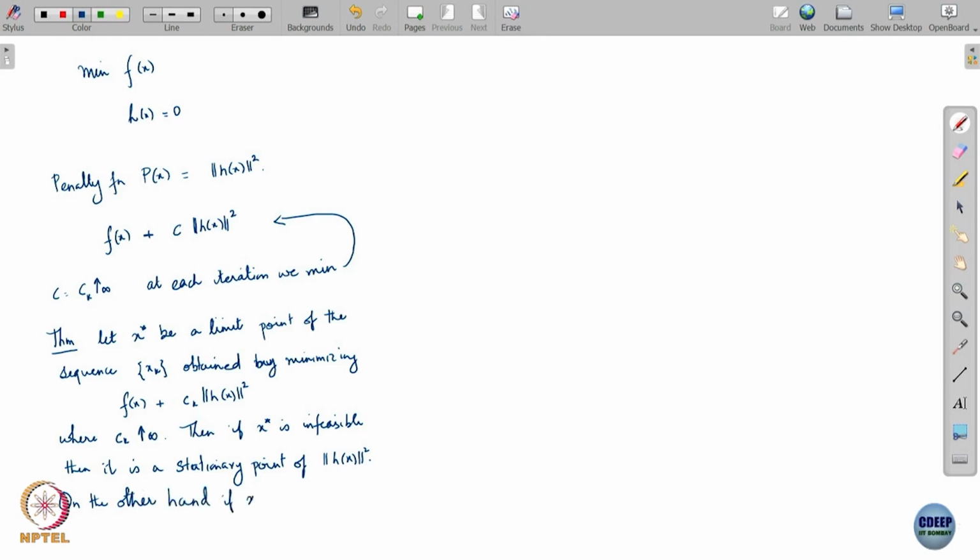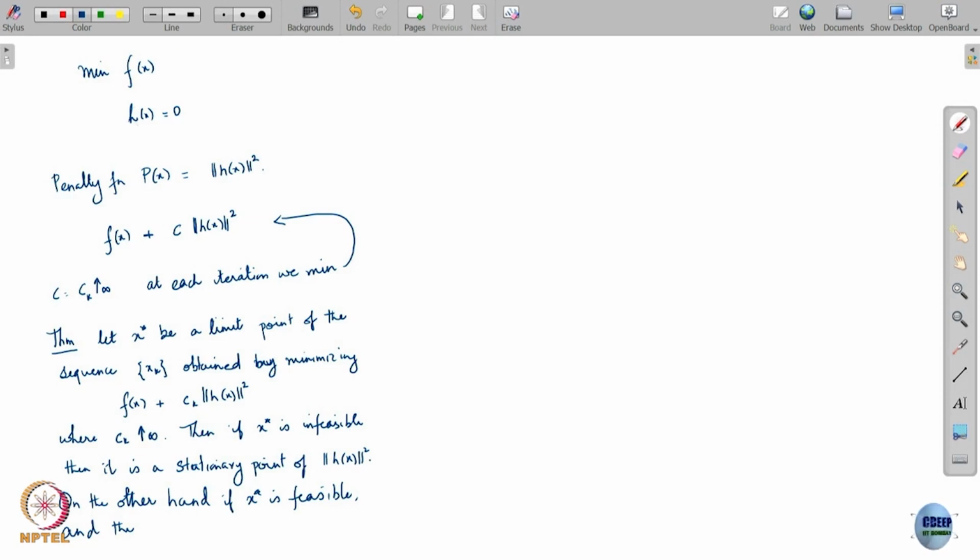On the other hand, if x star is feasible, and the gradients of the constraints... So, here I did not mention this, but this could be even a vector of constraints.